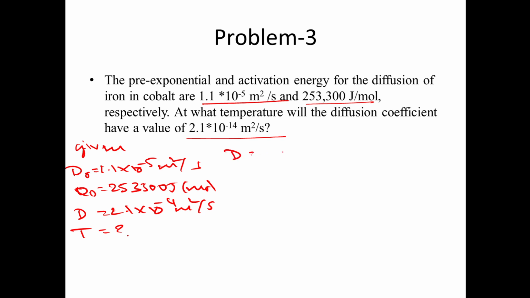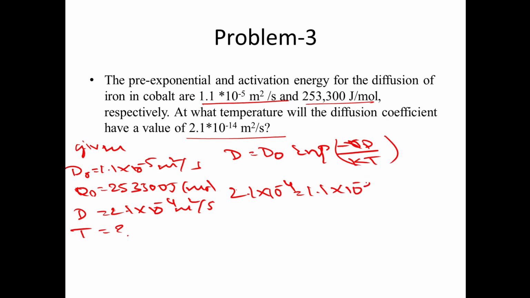Similarly, from the previous problem itself, we used the same equation, exponential of minus QD divided by K into T. So use this equation, substitute the value of D, 2.1 into 10 to the power of minus 4, D naught 1.1 into 10 to the power of minus 5, exponential of minus 2.53 into 10 to the power of 5, divided by K into T. You need to calculate the T value.